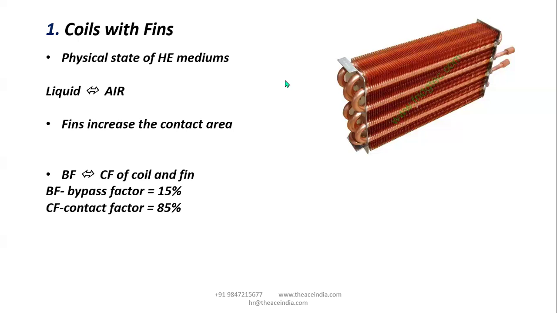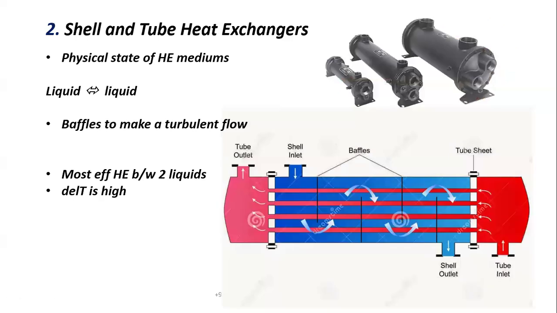Fine. All right. And the next type of heat exchanger is shell and tube heat exchangers. I hope you've been seeing this kind of shell and tube. Probably not, or may not. Whatever, guys.